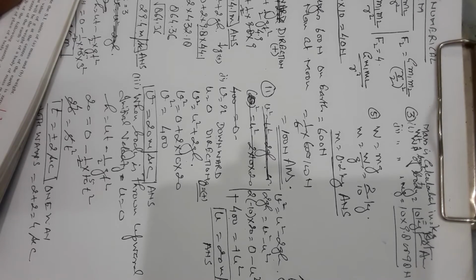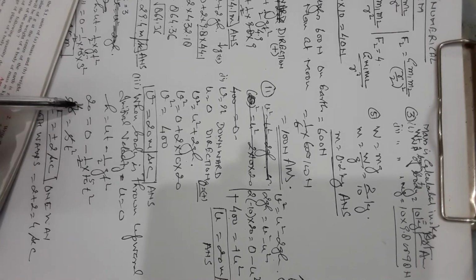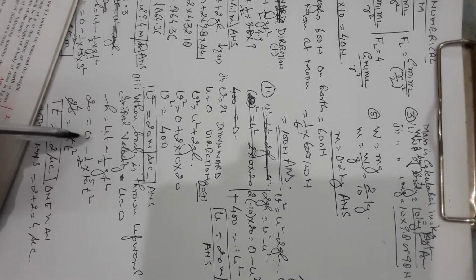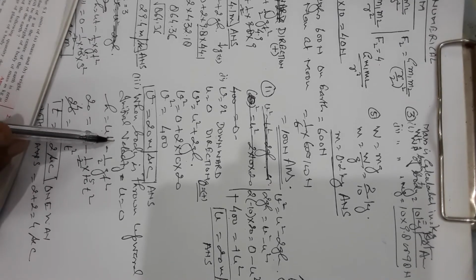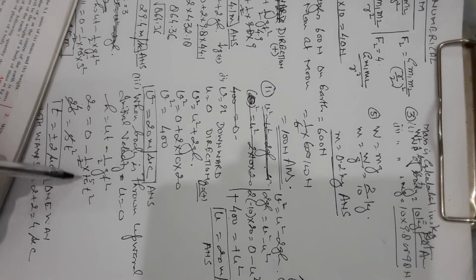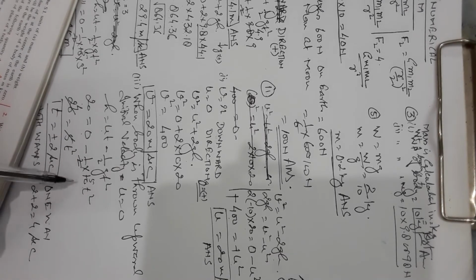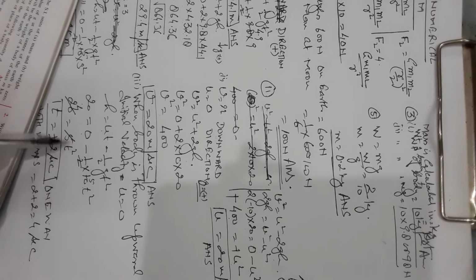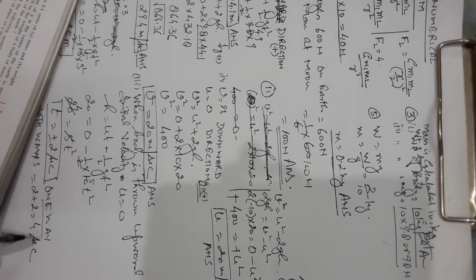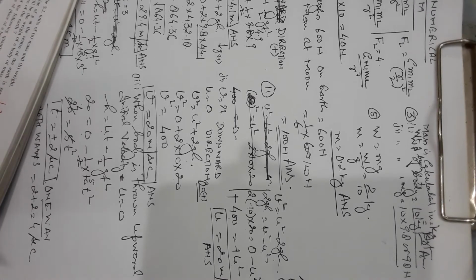Third equation, h is equal to ut minus half of gt square, upward, so minus gt square. Maximum height 20, initial velocity 0, so ut becomes 0, minus half gt square. So it comes to 5, the 4 time cancelled. t square is equal to 4, so 2 seconds one way. For both ways it will be 2 into 2, 4 seconds.